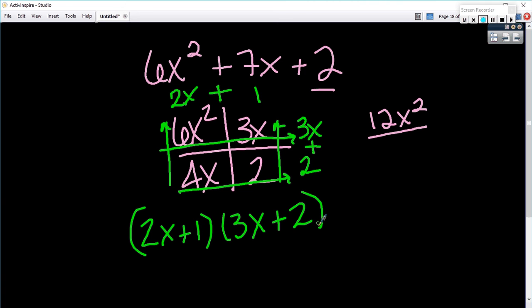All right, let's do another one, because they are going to get a little bit harder. What's going to get harder is when we start mixing the signs. So let me find a good one here.